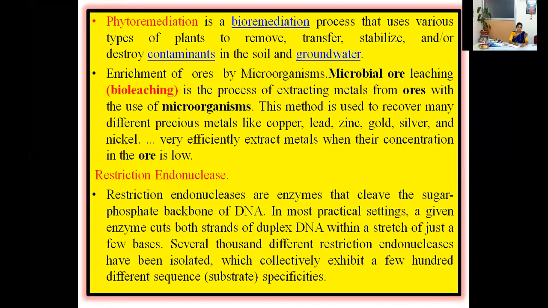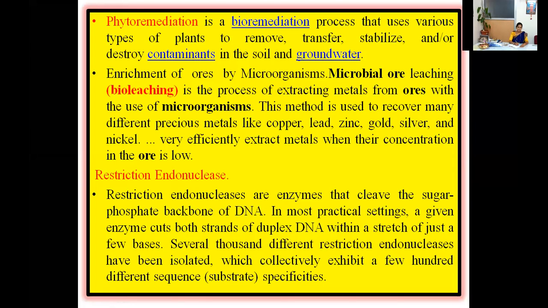Microbial ore leaching or bioleaching is the process of extracting metals from ores with the use of microorganisms. This method is used to recover many different metals like copper, lead, zinc, gold, silver, and nickel very efficiently, and it extracts metals even when their concentration in the ore is low.